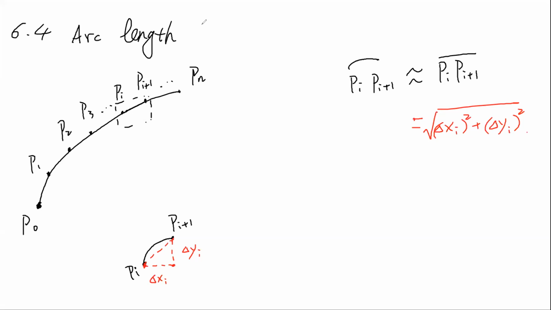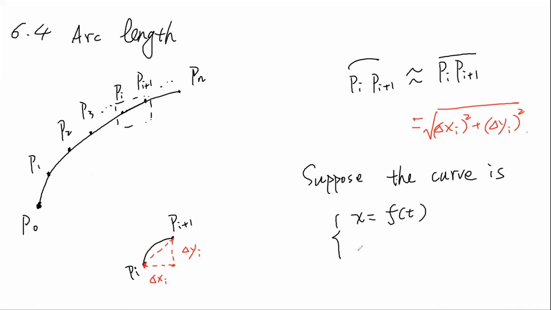Now, suppose we know the parametric equation for this curve, given by x equals f of t, y equals g of t.